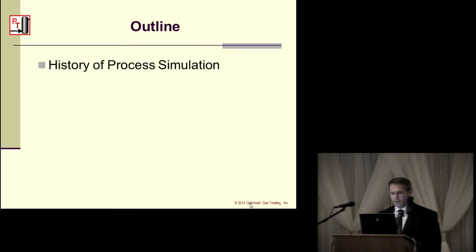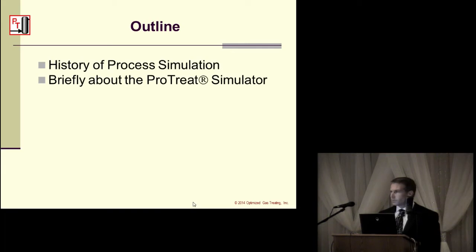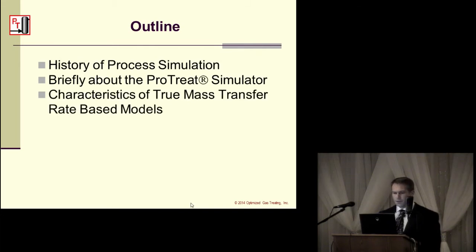So my talk today, I'll give you a brief history of process simulation. I think it's always good to step back and remember our roots. We'll talk just a brief word about the ProTreat simulator, which is one of many implementations of mass transfer rate modeling. We'll talk about some of the characteristics that go into true mass transfer rate modeling as they pertain to columns.